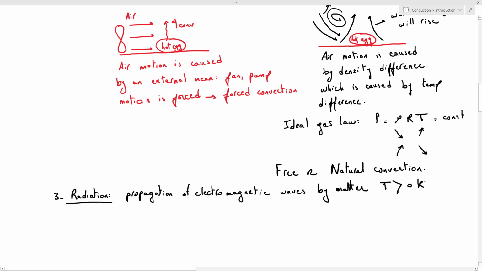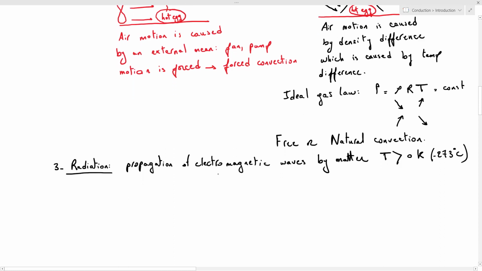So any matter whose temperature is greater than 0 Kelvin or minus 273 degrees Celsius will emit electromagnetic waves. And in thermal radiation, we are interested in the electromagnetic waves that depend on the temperature of the body.